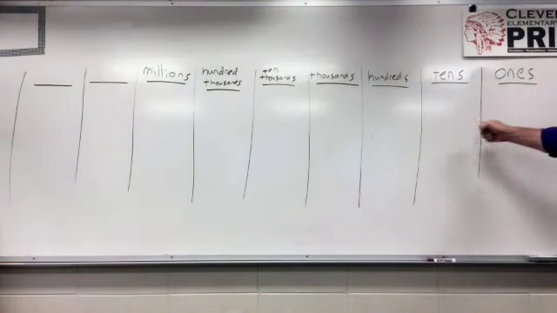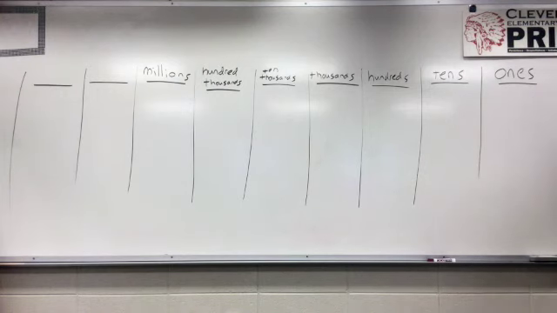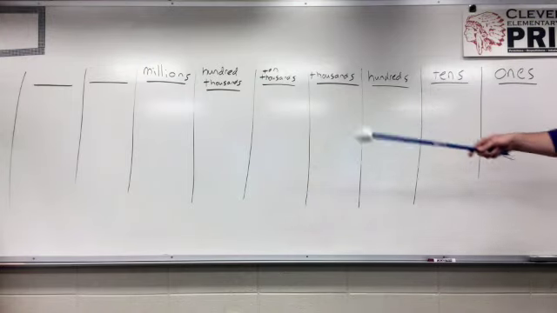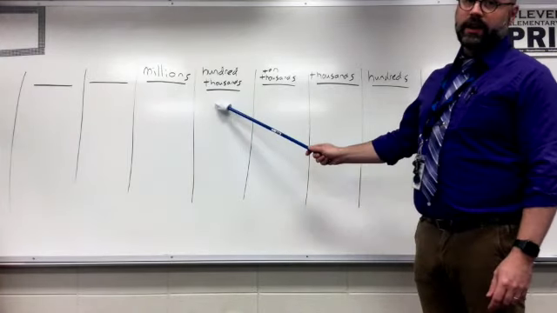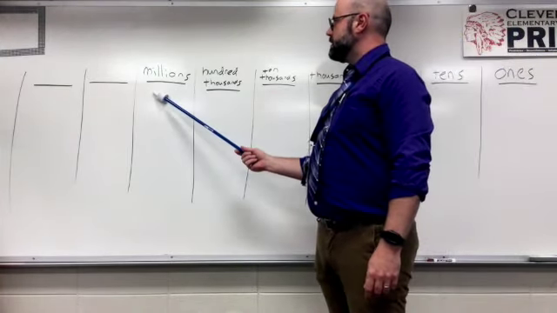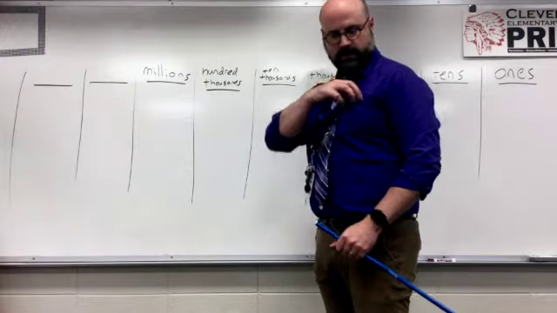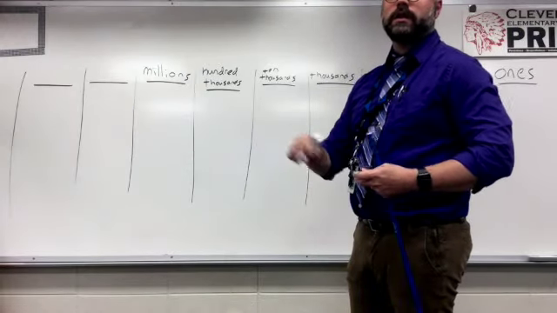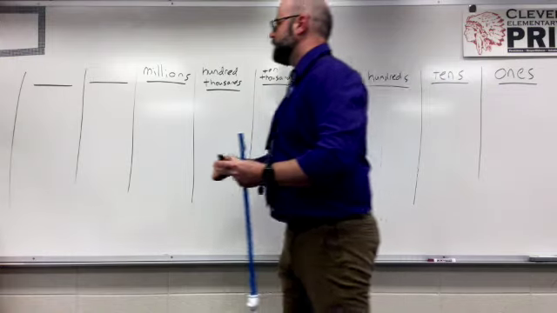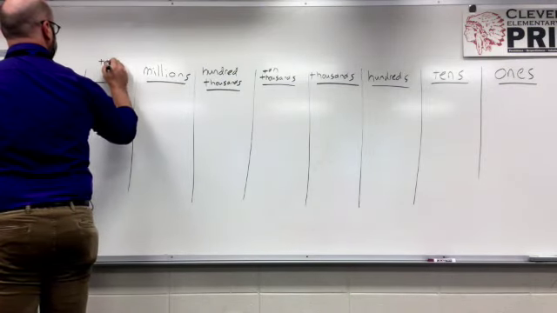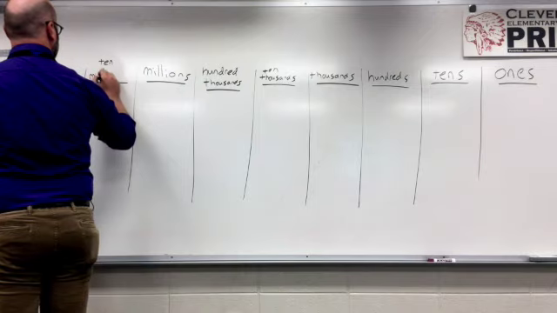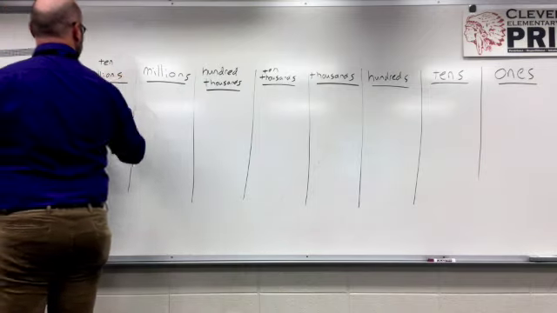We have ones, tens, hundreds, thousands, 10,000s, 100,000s. Then it goes up to millions. What would be the next spots? Well, if you said 10 millions, give yourself a pat on the back, because that would be correct.